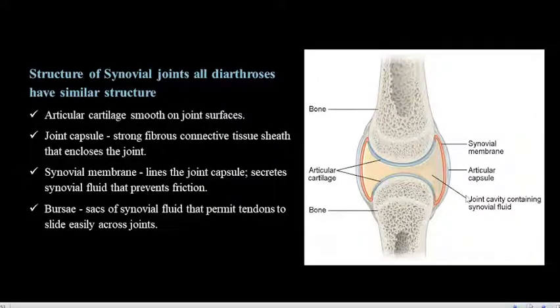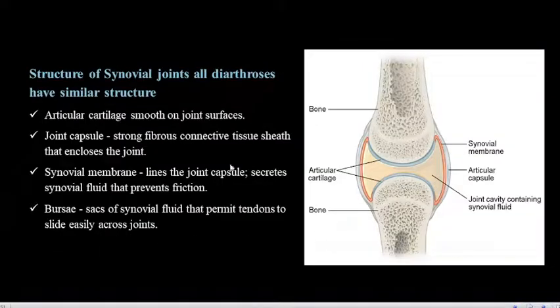Strong fibrous connective tissue sheath that encloses the joints. This one. Ayan. Ito ang name niya. Articular capsule or joint capsule. So, this is the outer covering of the joints.